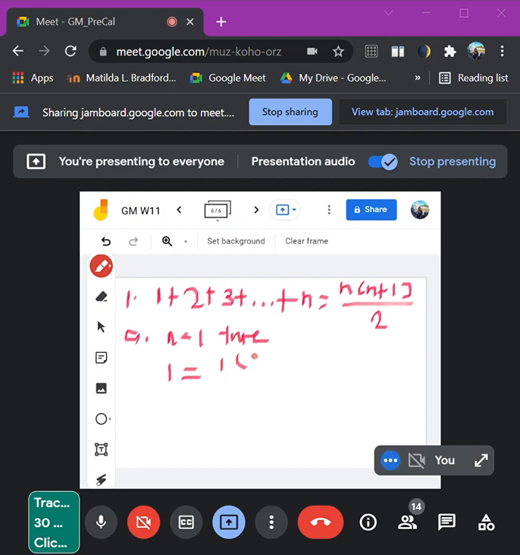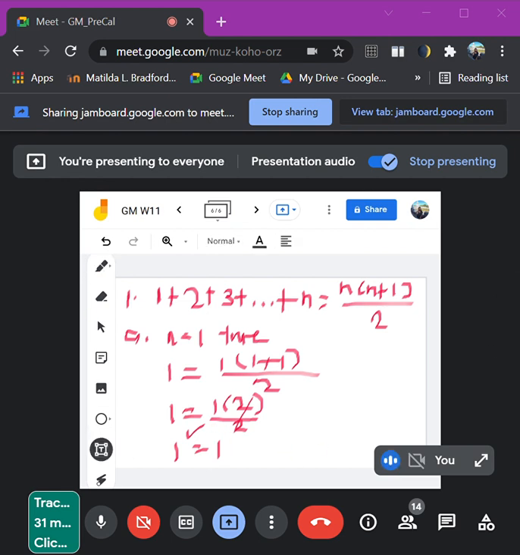So, 1 quantity 1 plus 1, that is over 2. So, you have there 1 is equal to 1 times 1 plus 1, that is 2, right? And then over 2, so kani siya is makancel, so you have there 1 is equal to 1. So meaning to say, the formula is true for n is equals to 1. Okay, pwede naman siya ibutang diha. The formula is true for n is equals to 1. Meaning to say, applicable siya for our A.